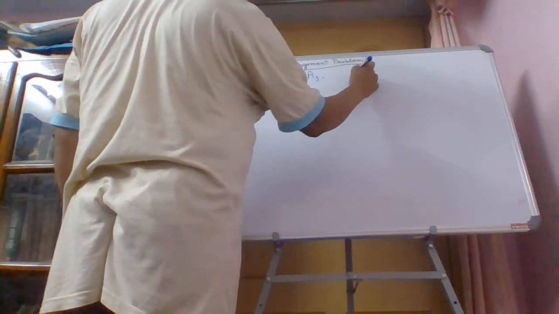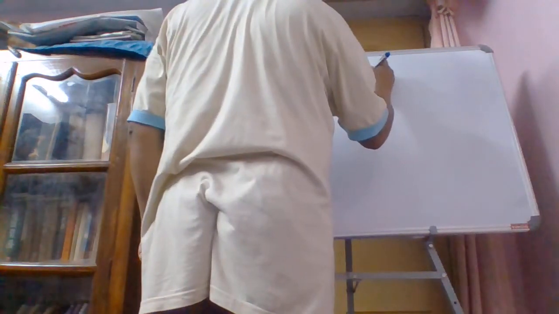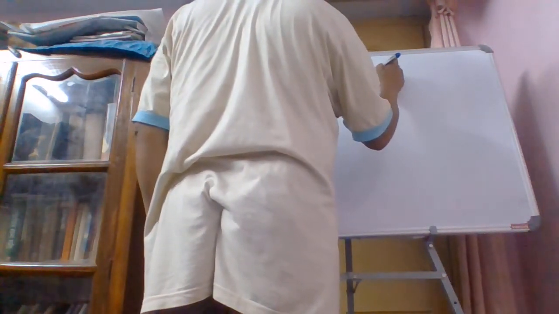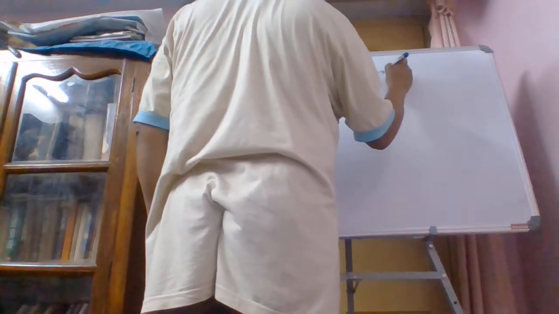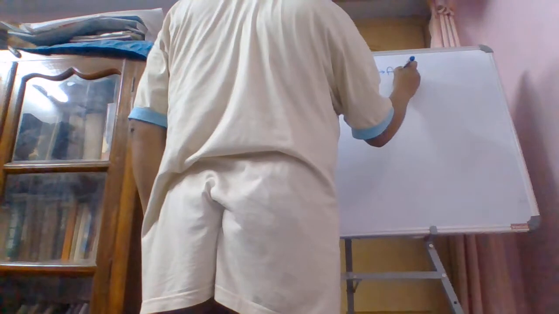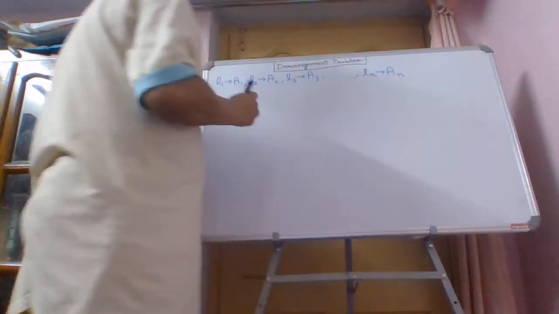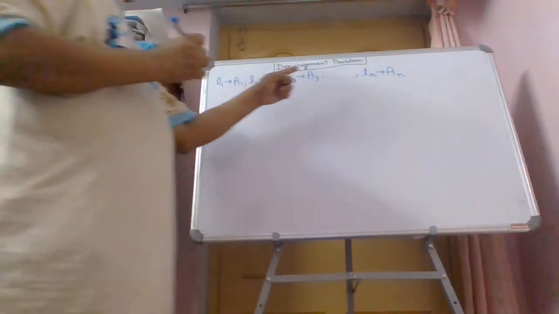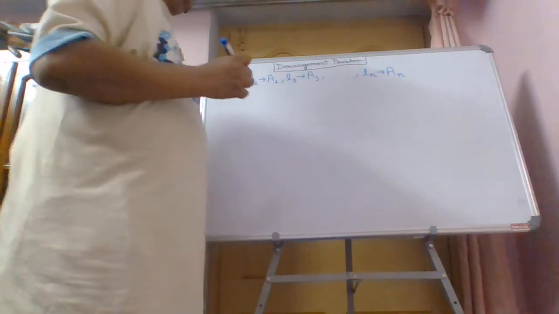And finally, Ln is destined to reach the address An, where A1, A2, A3, to An are all distinct.